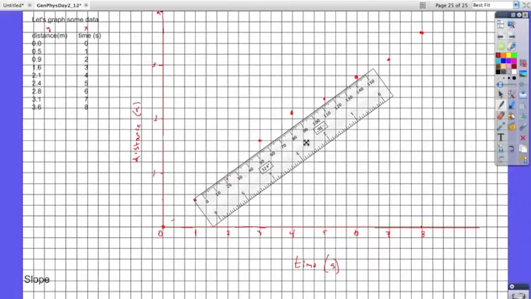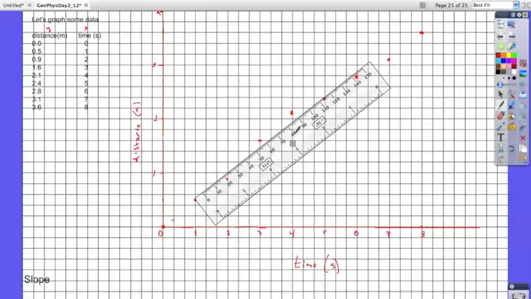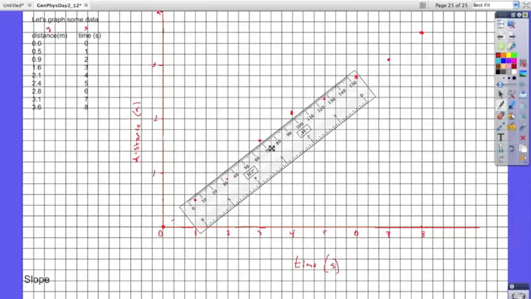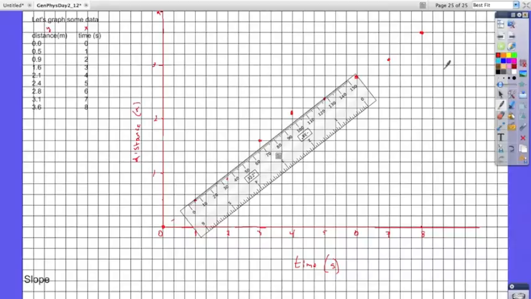Move it. Make it a little steeper. Move it. Your ruler will be longer than any data that you take. And now I'm going to draw the trend line, and hopefully my trend line will stay along this ruler.